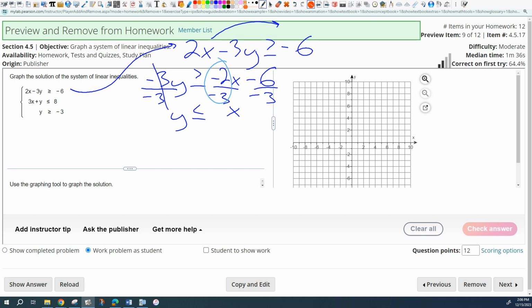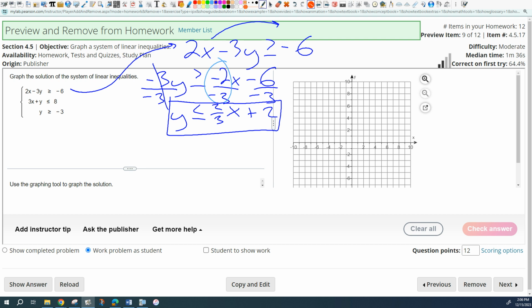What's m going to be? Positive 2/3. Good, because negative over negative is positive, and I can't reduce that fraction, right? So I'm stuck with 2/3 x, plus 2. -6 over -3 is plus 2. So there, I'm going to put a box around it. There's our first inequality to graph.